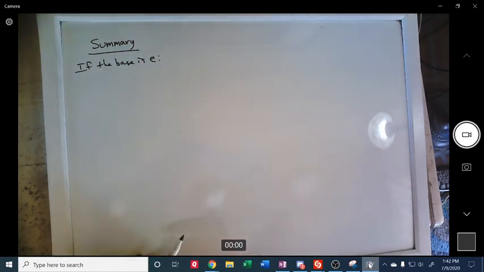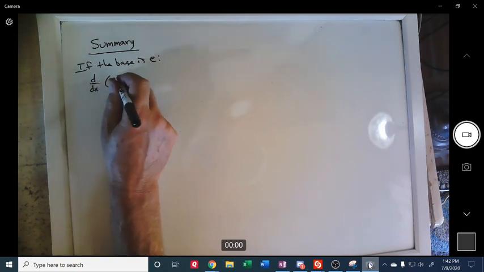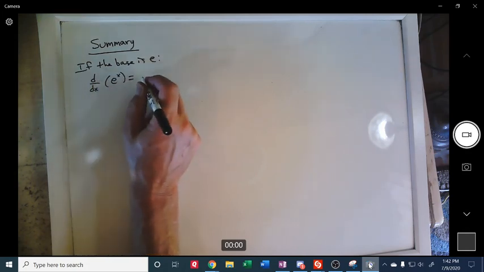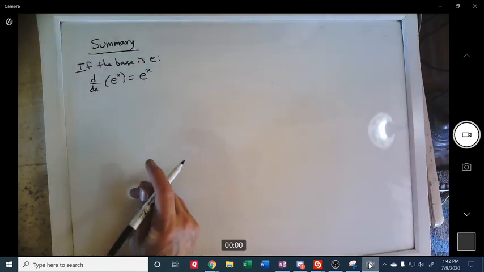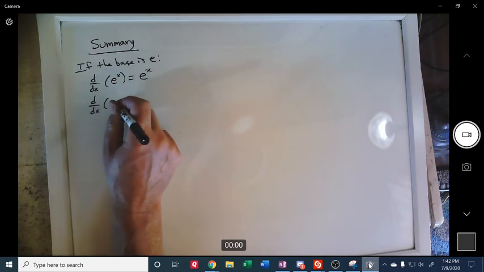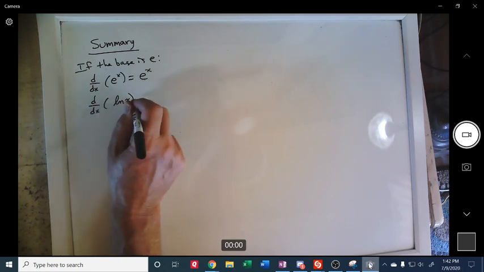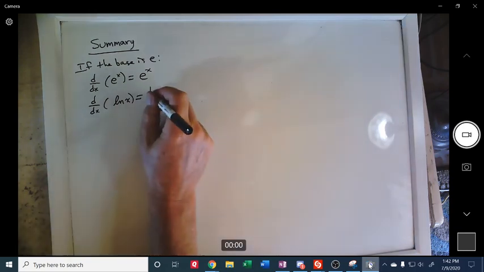Okay, so my summary. If the base is e, d dx of e to the x is e to the x. And d dx of ln of x, that has an implied base of e, is 1 over x.